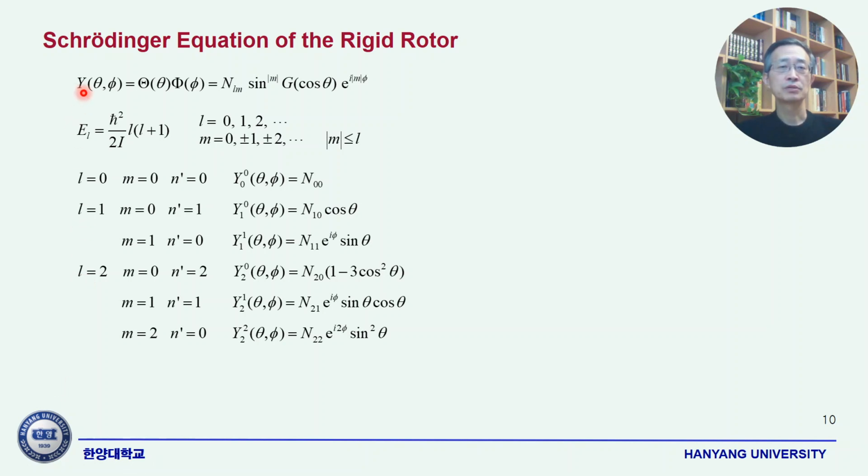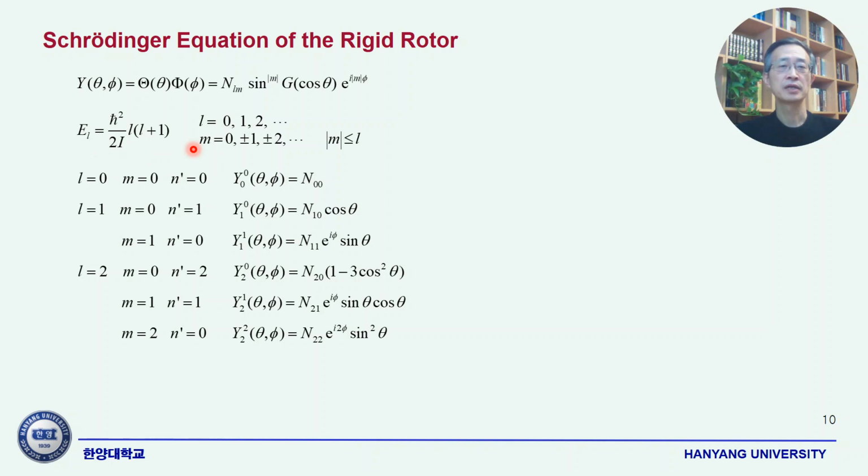Now the solution to the Schrodinger equation was Y of theta and phi, which is the theta function times the phi function. Your phi function was 1 over square root of 2 pi times e to the i m phi, and the theta part is a function of cosine theta times sine to the m theta, along with the normalization constant. Your energy was here.